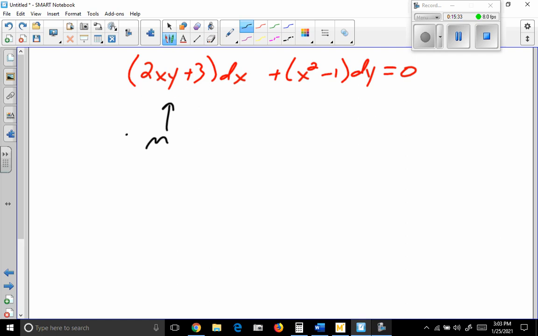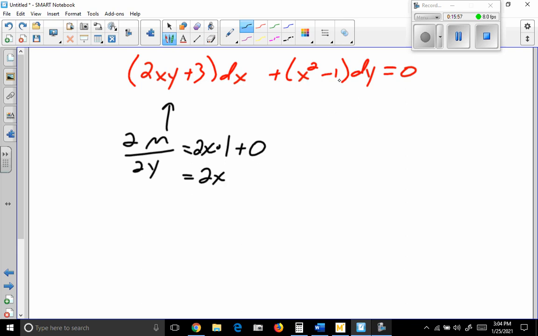So if we take the partial of m with respect to y, everything that's not y we treat as a constant. So 2x is a constant, times the derivative of y is 1. The derivative of 3 is 0, so we get 2x. So when we take the partial of that with respect to y, 2x.